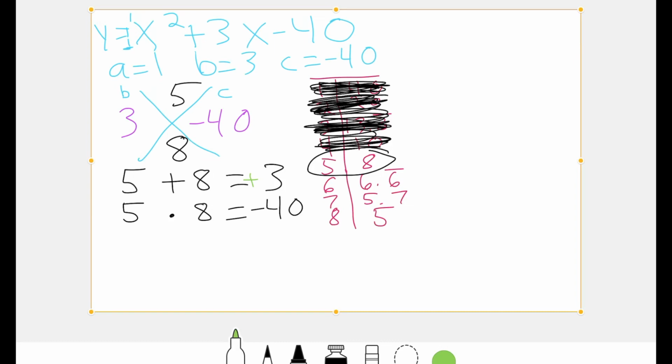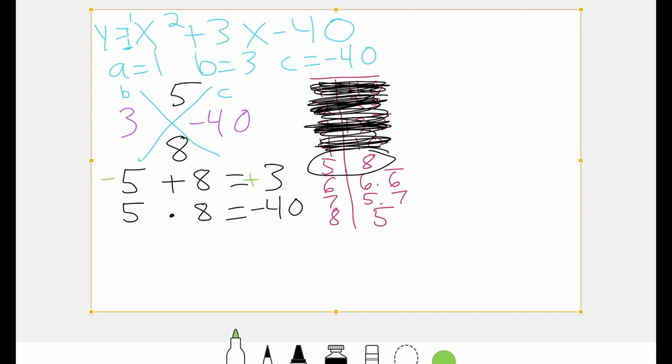Well, if we make the 8 negative, 5 plus negative 8, well, that's not going to give us positive 3, is it? No, because 8 is the bigger number. So we need the bigger number to be positive to end up with a positive number with addition. So we're actually going to try to get the 5 negative.